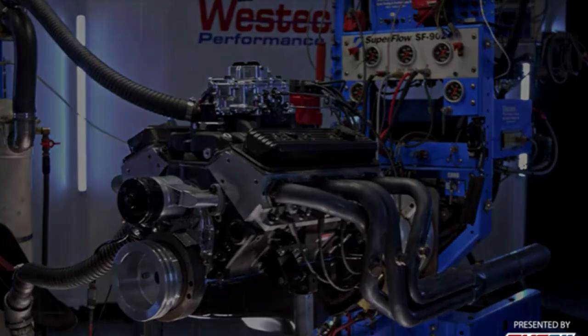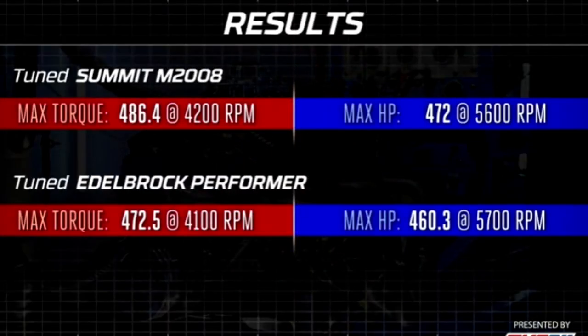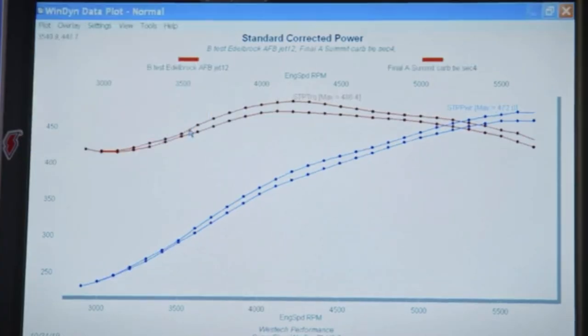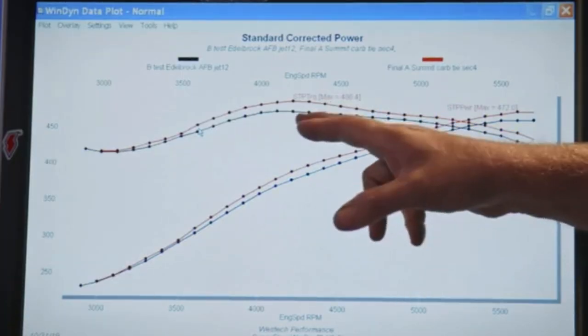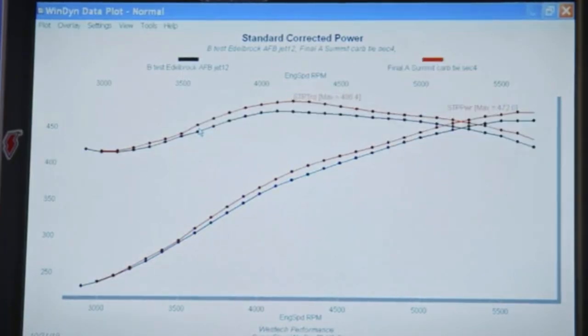So the best that we think we can do with the Edelbrock carburetor is 472.5 pound-feet of torque, and we made 460 horsepower. But the real question is when you overlay that with the earlier Summit carburetor. Oh, wow. It's still black line Edelbrock, red line Summit, and my personal opinion is that it comes down to airflow. I think they call this Edelbrock a 750, but I think it's got so many things restricting airflow in the airstream and not very good secondaries.